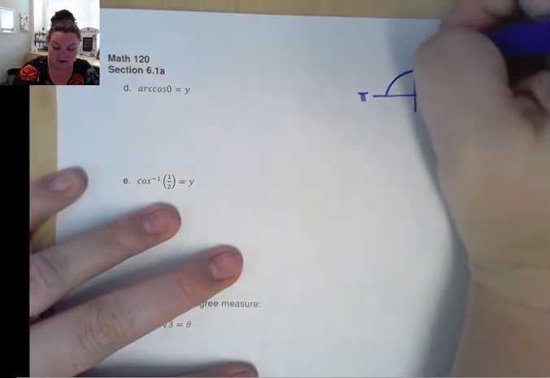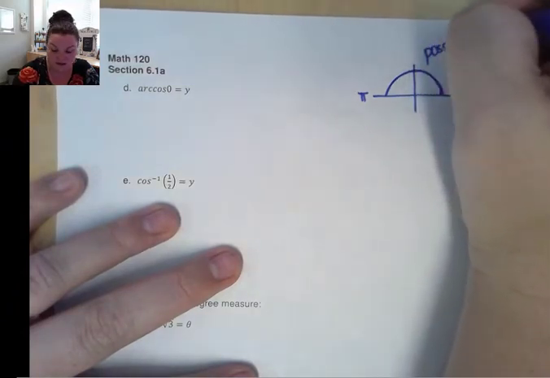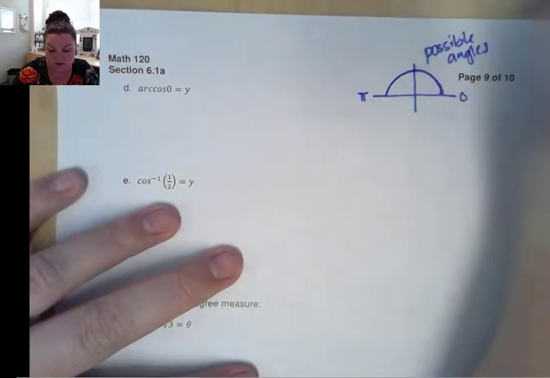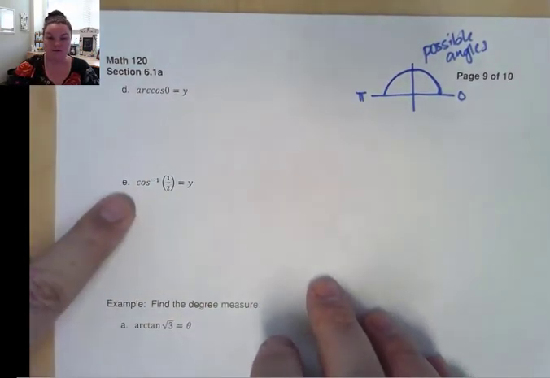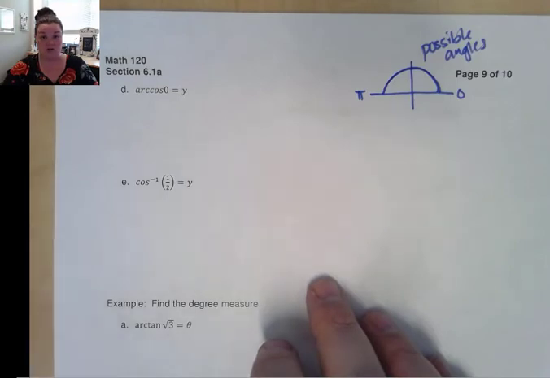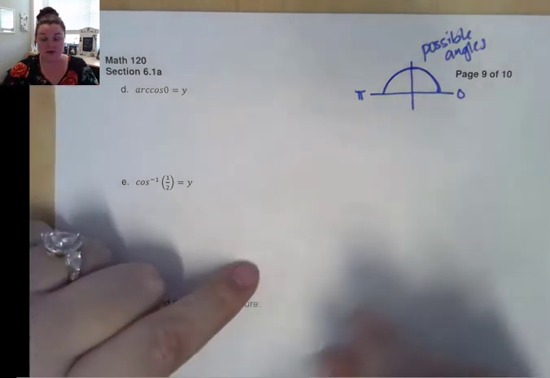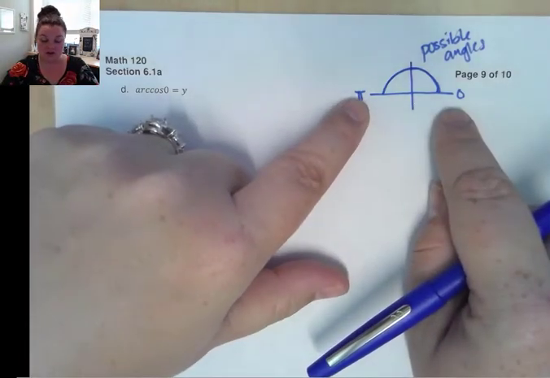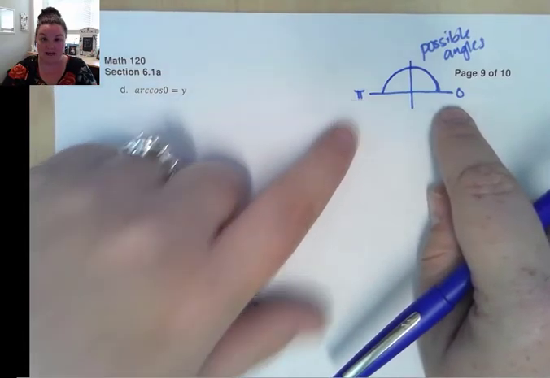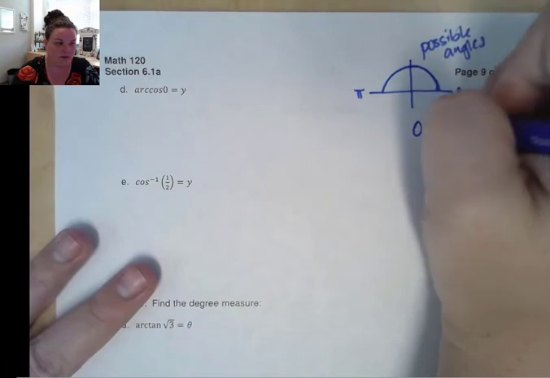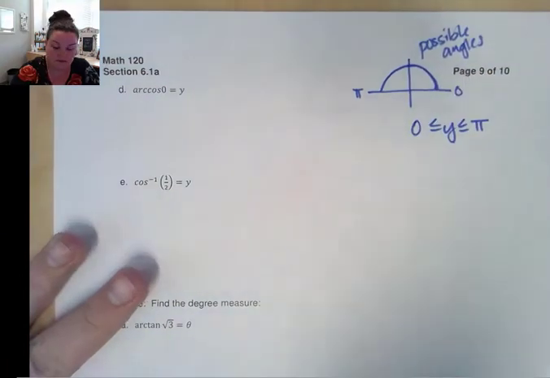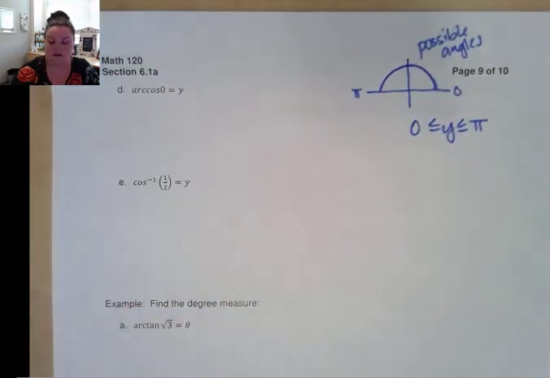So some angle that falls within here, these are our possible angles for the solutions to these problems, because we're dealing with the arc cosine. We're looking for the y value, and we know the range of arc cosine falls between 0 and pi. Okay, so I'm going to go ahead and just write this. I think I wrote it already, but I'm going to write it like that.